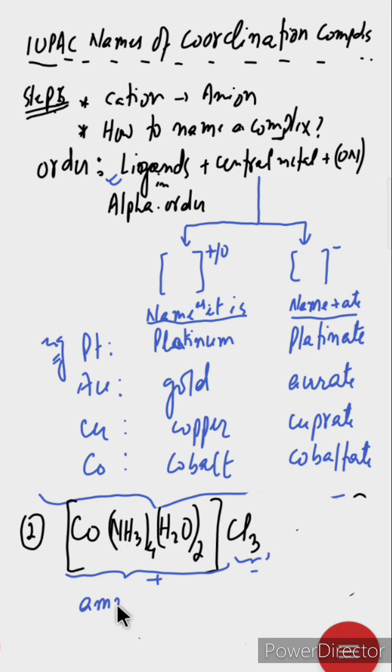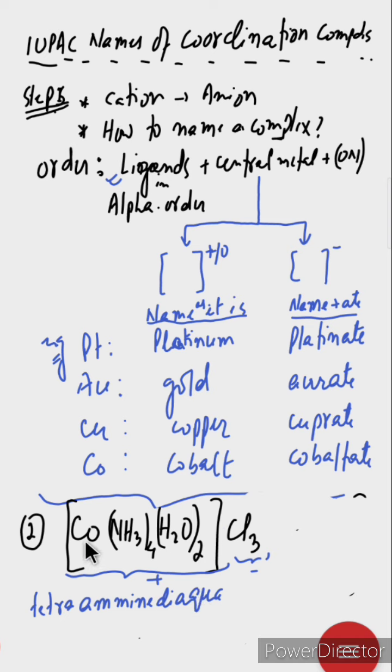Ammonia is named as ammine in coordination chemistry. Four ammonia ligands are there, so tetraammine, and then diaqua, since water is aqua. These are the ligands in alphabetical order.